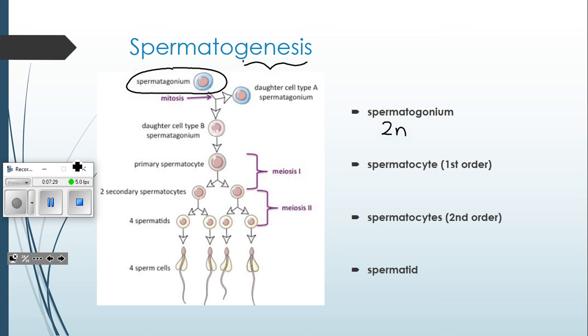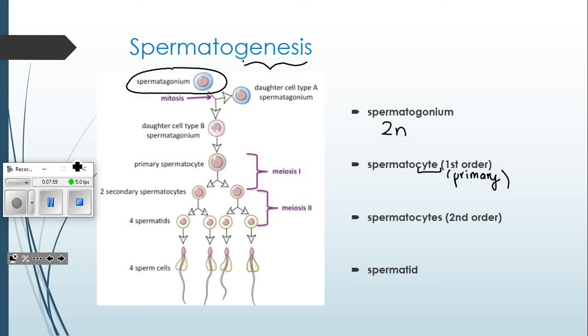So we'll have a spermatocyte, and you might remember that I said that cyte means cell. So if you see that in a word, we're just trying to represent the word cell. We can call it first order, or we can call it primary. We're trying to get across it's the first one. And if you take a look at the diagram, the primary spermatocyte is the one that is going through meiosis 1.